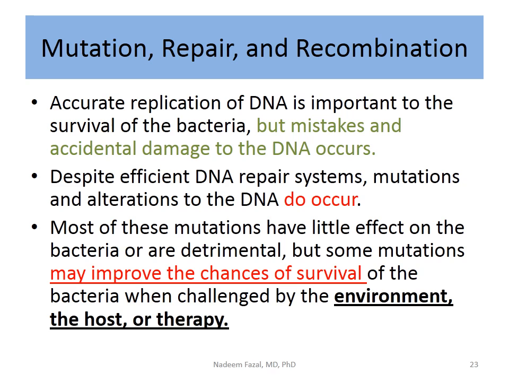But again, having said that, mistakes and accidental damage to DNA do occur. So that's the key here: though they have a repair system, if some mutations or alterations to DNA occur, things can go wrong.